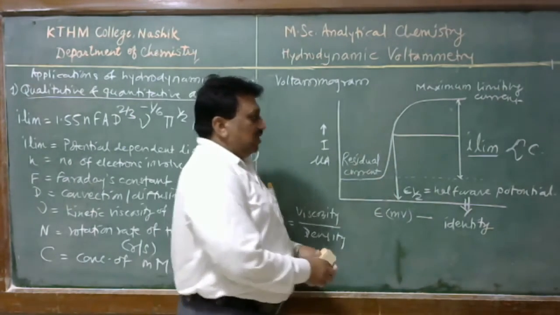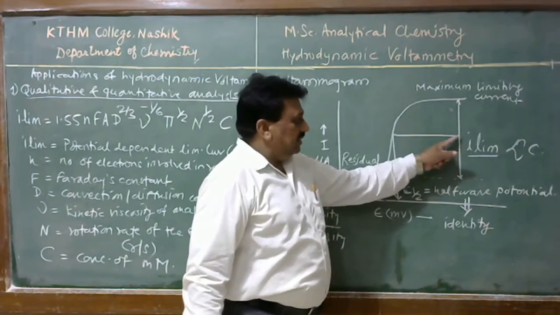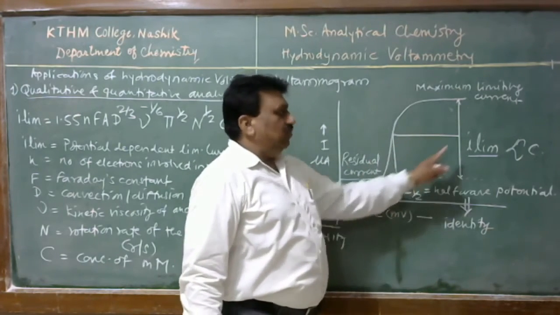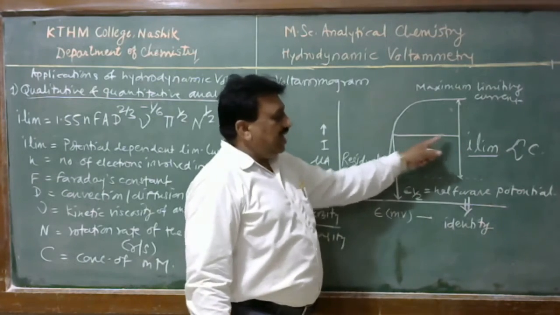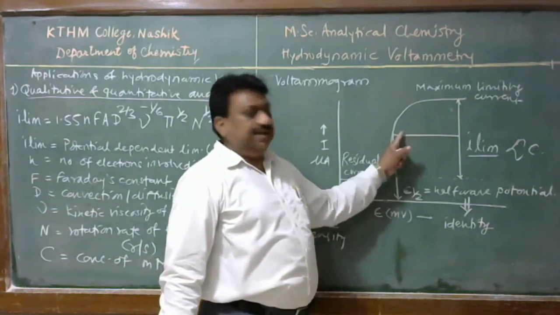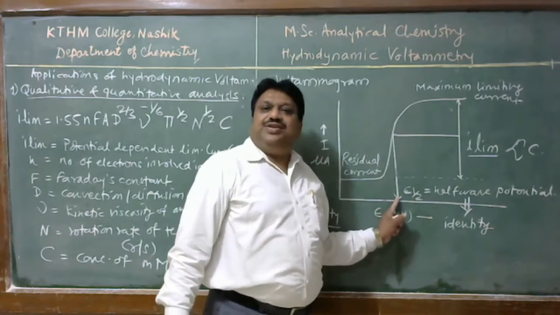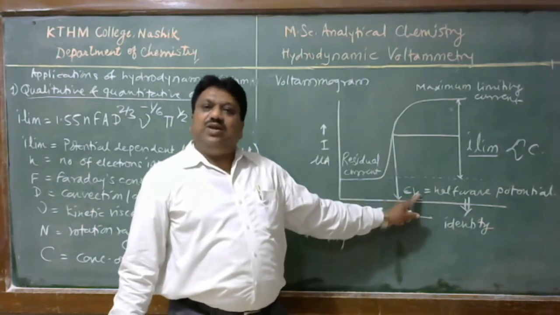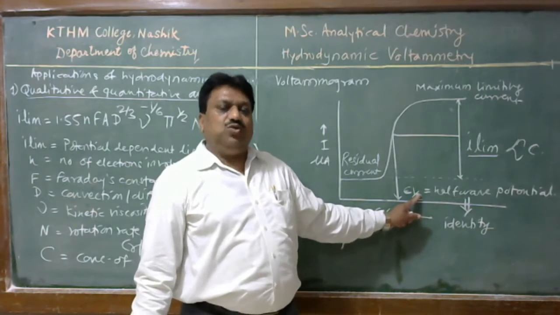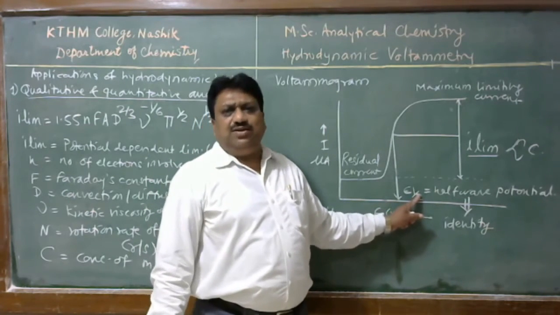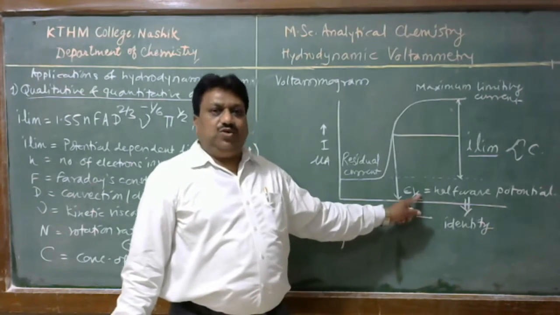On the voltammogram, we can determine the potential at 1/2 of the limiting current. That is the half wave potential, the potential at which the analyte species undergoes reduction or oxidation at the working electrode.